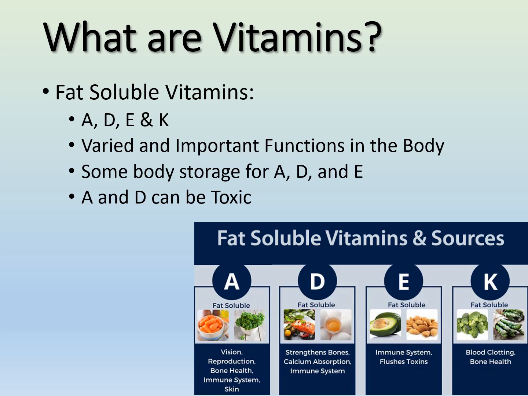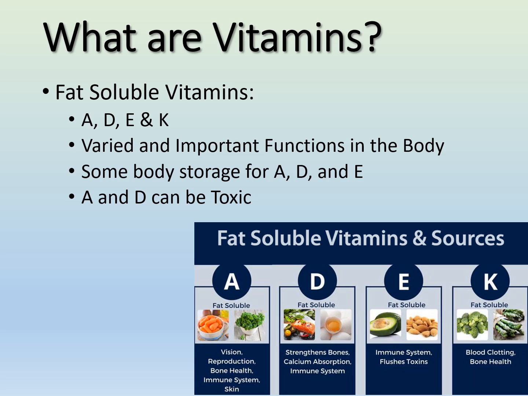But one of the big things about fat-soluble vitamins is we can actually store some of them. Most of them we can. So we can store A, D, and E. And a lot of that storage usually happens in the liver. So we can store these vitamins and we can utilize them later if maybe we're becoming a little deficient in that vitamin.